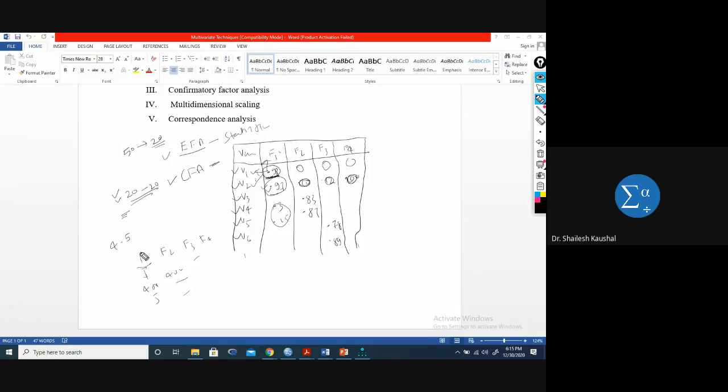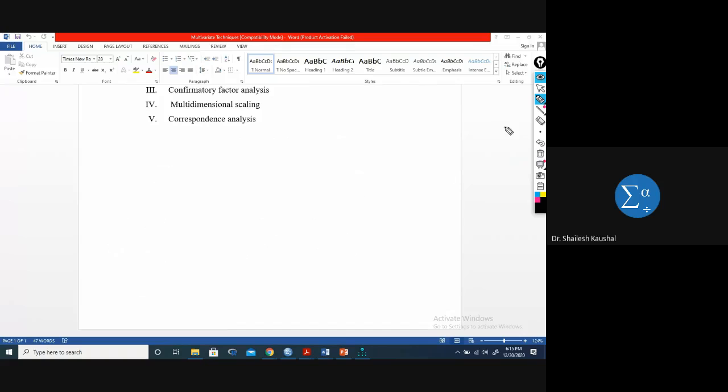If we want to apply confirmatory factor analysis, it is pre-decided that we will take 25 questions, divided into five or six factors, and each factor has four or five questions.